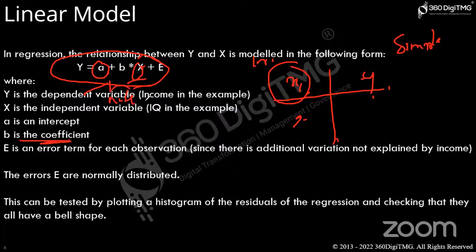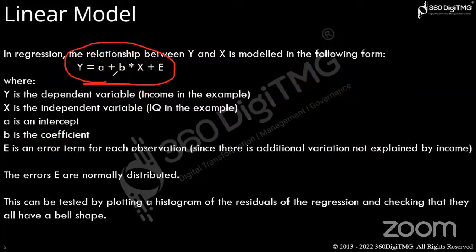How are we going to find the intercept? We'll see in the coding. Using this equation, we are predicting y. What is the error term here?